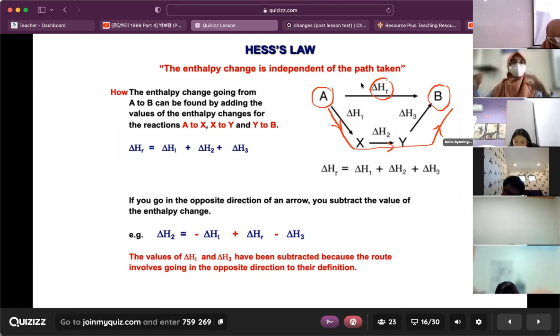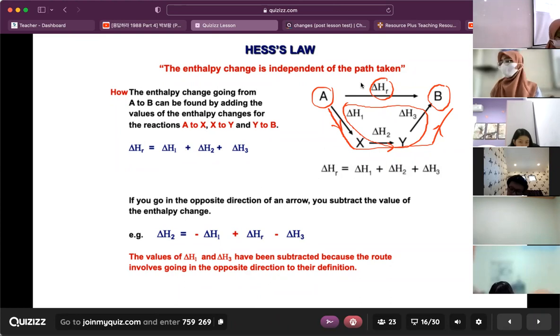You can form another substance to calculate that enthalpy change of reaction, and the total enthalpy change taken here will be the same as delta HR. It's similar to calculating a resultant, right? The arrow is also important to the value.